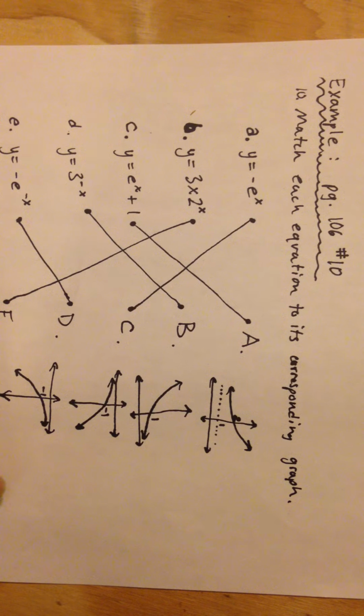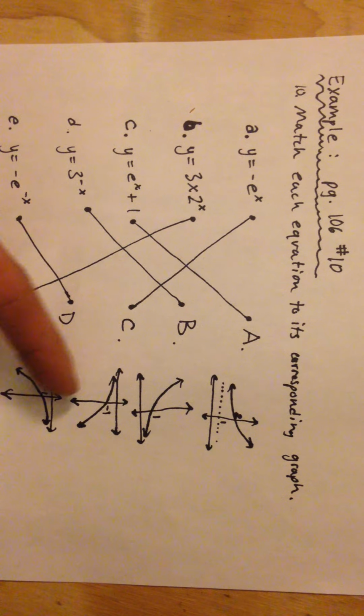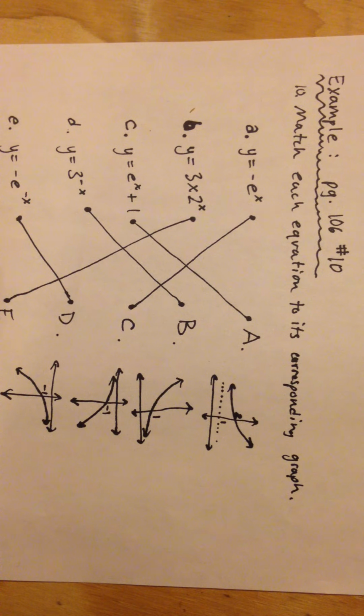It has an asymptote of y equals 0, and it crosses the y-axis at 1, negative 1 or positive 1. But because there's a minus sign here, it is flipped over the x-axis, and because of the minus sign over the x, it's flipped over the y-axis.